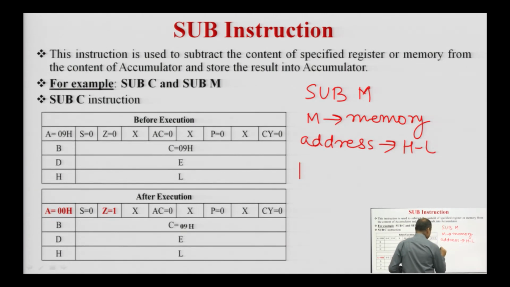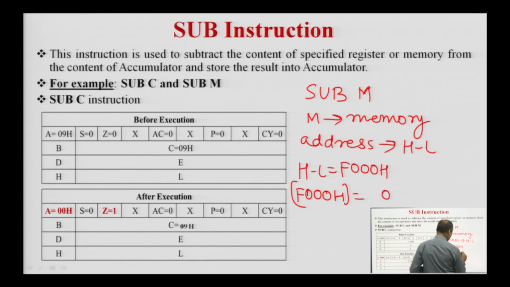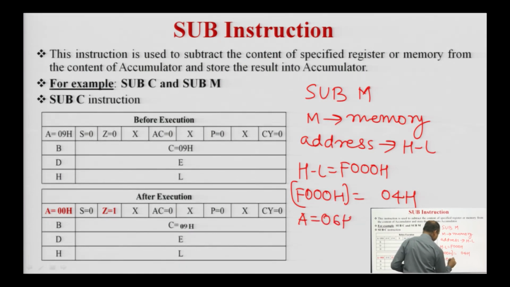So, the HL register will have a value, suppose F000H, and at this F000H, suppose the value is 04H, and the content of accumulator A is equal to 06H.